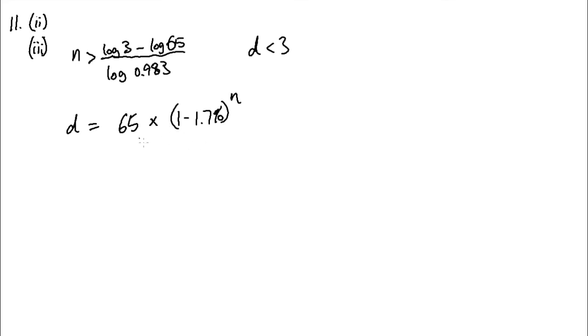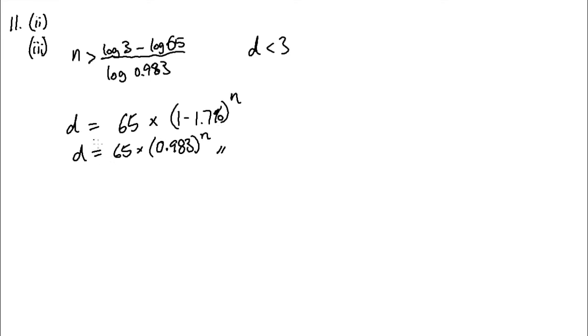That is the case for what this scenario gives. So 1 minus 1.7 is 0.983 to the n, and that is your expression for part 2.